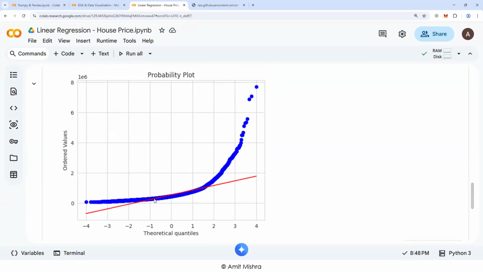Now look here, this is your line, which is your perfect line. This is not what we should expect if our data is normally distributed. In fact, this is the ideal line, and we expect that all our data samples should be close enough to this line.